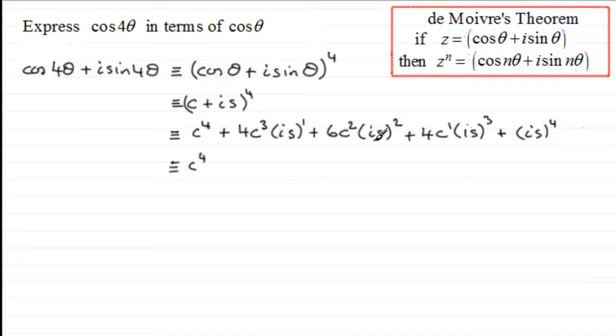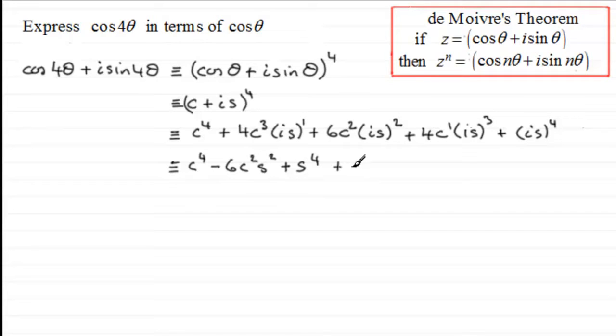Now i squared is going to be minus 1, so we're going to have minus 6c squared s squared. This term here, we're going to have i cubed. That comes out at minus i, so that's imaginary. This term here will be real because we've got i to the power 4, which is going to be 1. So we've got just s to the power 4, so plus s to the power 4. So that's the real part.